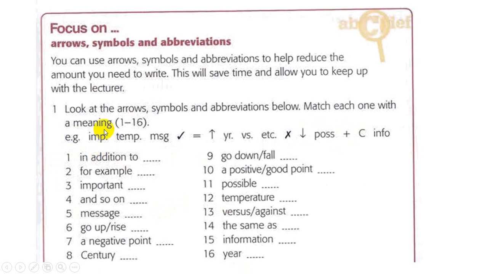Important, we can use IMP, and so on. We can use ETC, which can be pronounced like etc. Also, number 5, message, we can use MSG, and so on for the rest of the 16 phrases. Try to make use of them in daily life in order to always keep them in your mind.